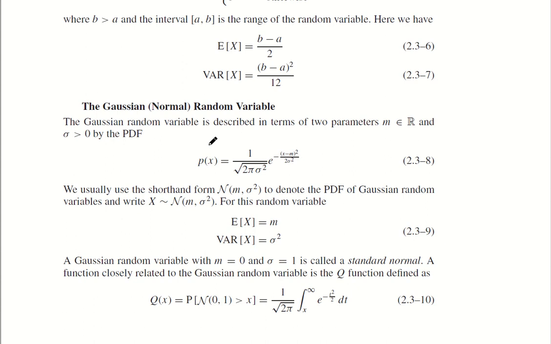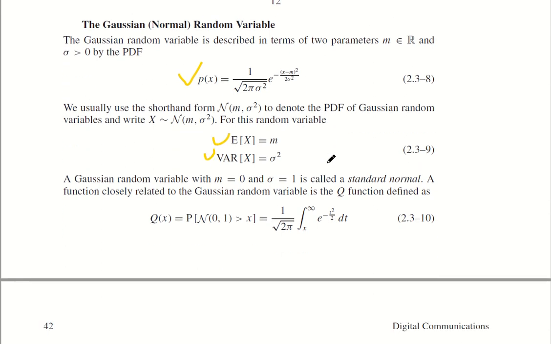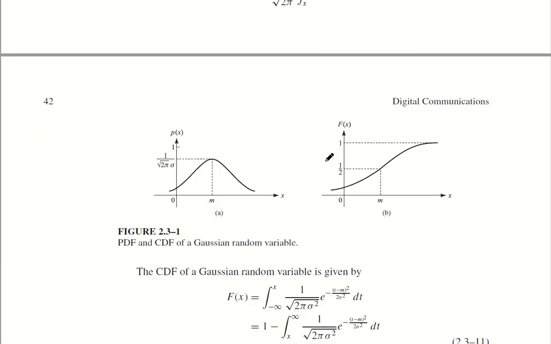Then the Gaussian random variable. We are very used to this Gaussian random variable, with its mean and variance, and it is very common. If we take a look at the distribution, we have the density and then the CDF.